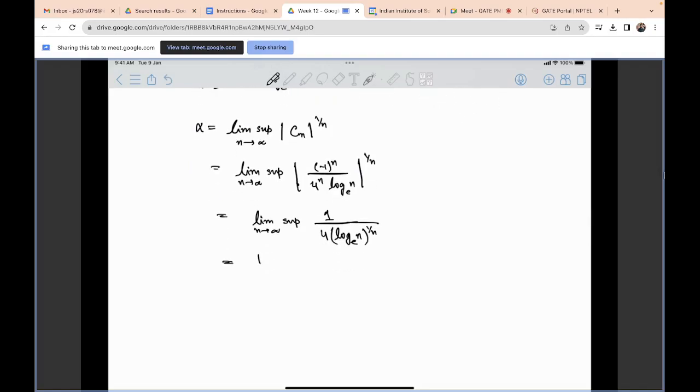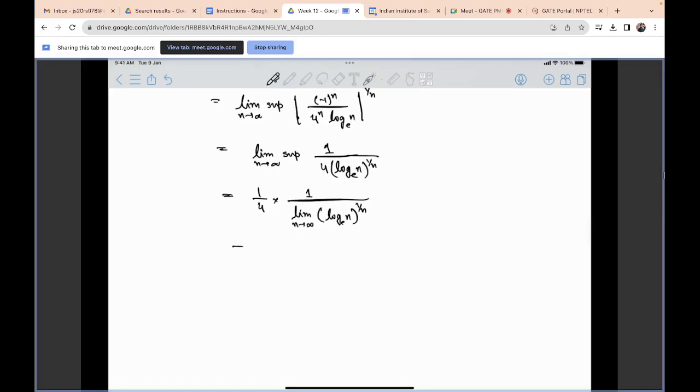And this is basically you need to find the limit of this one: the limit as n tends to infinity of (log n)^(1/n). You can show that the limit of this is 1, so basically you will get 1 by 4.